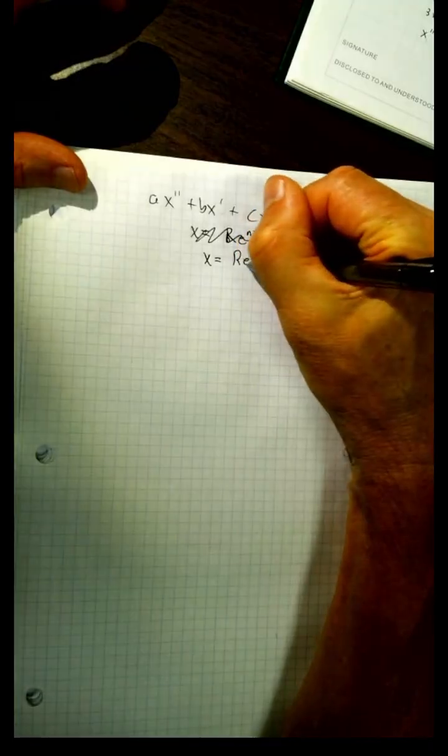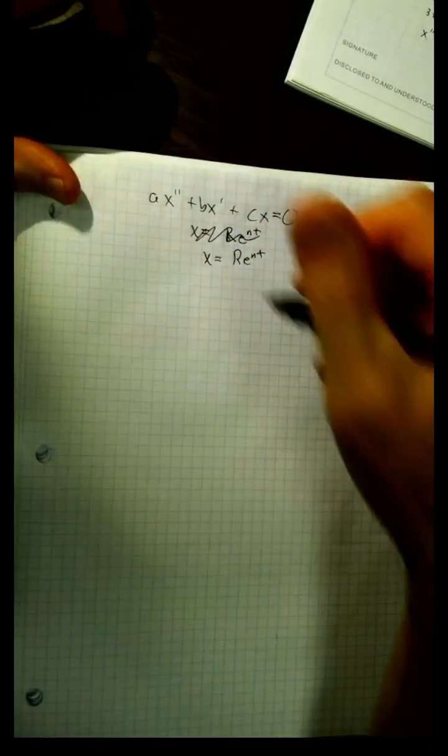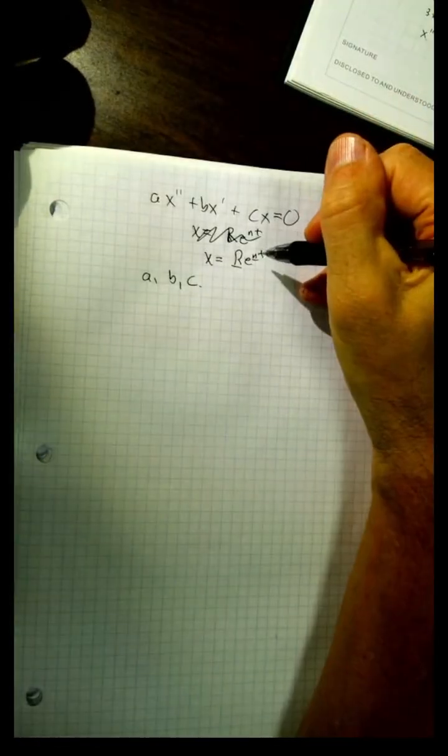I'm going to rewrite that because that was messy. So think of it as r e to the nt. So r is a constant, n is a constant, and I don't know what they are. I'm going to specify them later. I do know what a, b, and c are. Those are constants that are given to me. If I can figure out what values of r and n make things work, then I'm done.